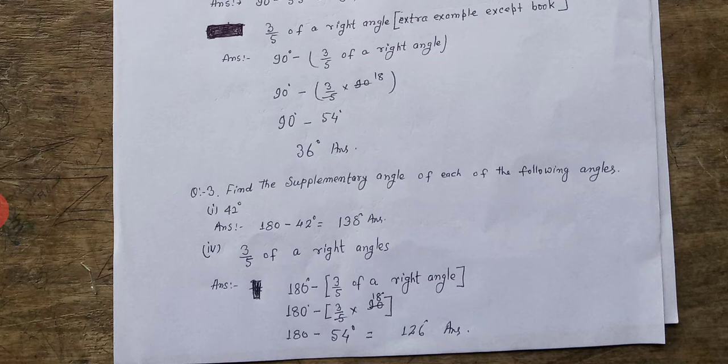You will subtract from 180 degree. 180 degree minus 3 by 5 of a right angle, 180 degree minus 3 by 5 into 90 degree. 5 divides 90 degree, quotient 18 degree. Now 18 times 3 is 54. 180 degree minus 54, we get 126 degree. This is the supplement angle. This is the answer.